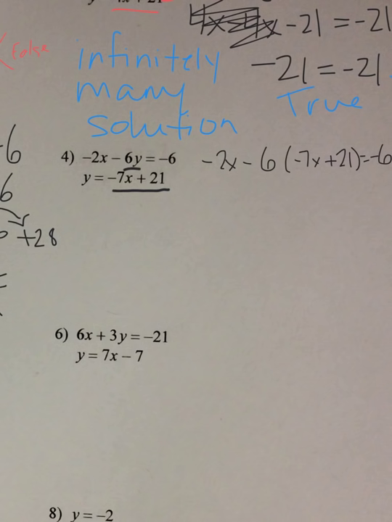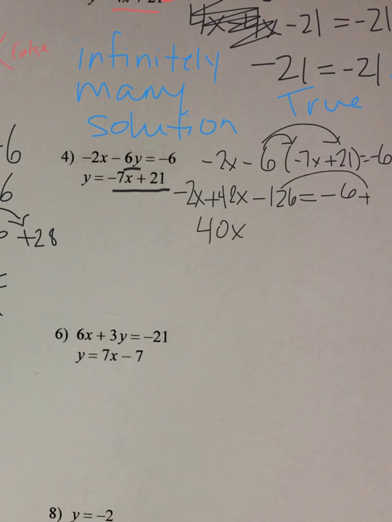Then I distribute. It's going to be negative 2x plus 42x minus 126 equals negative 6. Ooh, those are big numbers. Not liking this. I combine this, that's 40x, and I move this over here, plus 126.